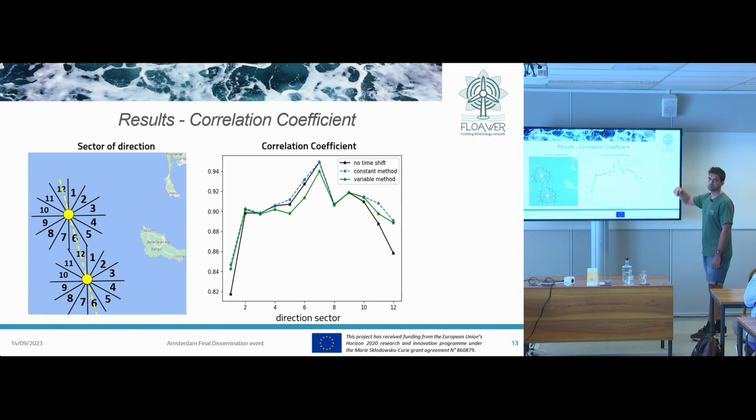It's decreasing the correlation coefficient, so it should not be used. We can also note that it's working well when the correlation coefficients are initially the lowest. But globally, I didn't find any explanation of why it's working better from the north than from the south.